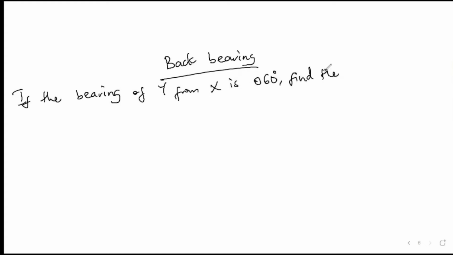Find the bearing of x from y. You are reading it backwards. This is y from x. Now they're asking us to find the bearing of x from y. That is from back bearing.